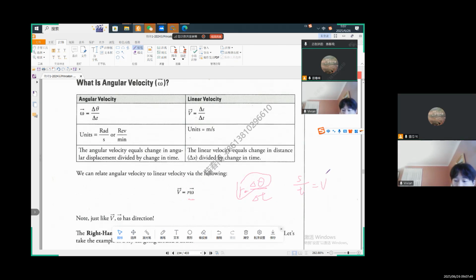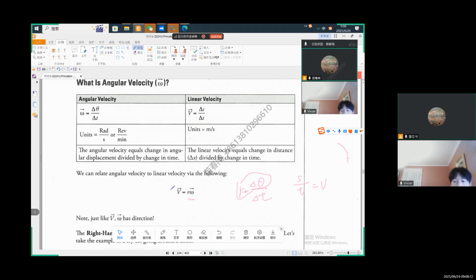Does that make sense? R times delta theta is the arc length, and t is the time you use to travel from here to here. Isn't that translational velocity or linear velocity, right? Does that make sense?